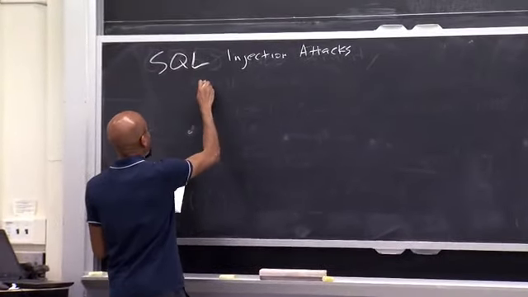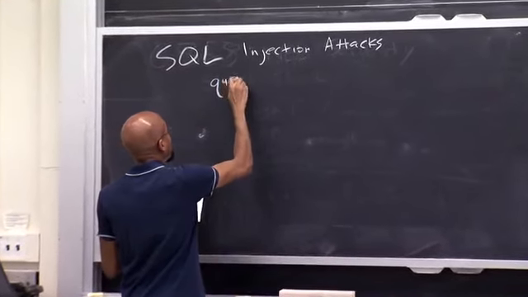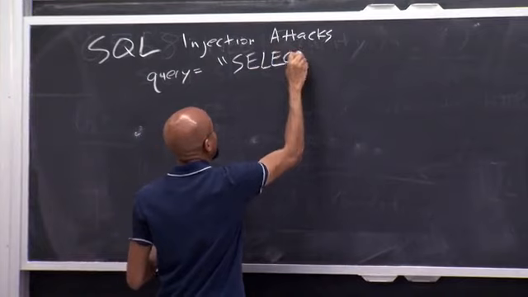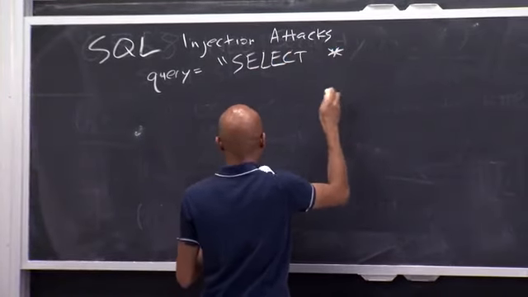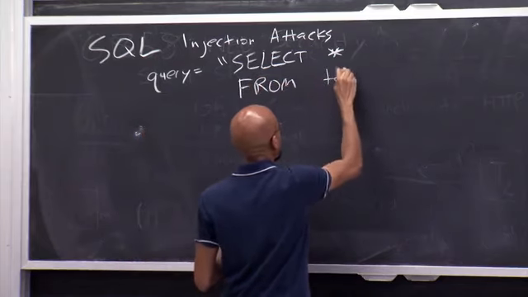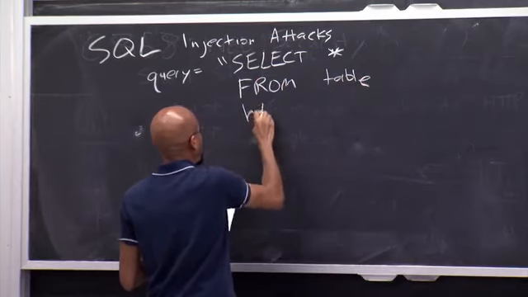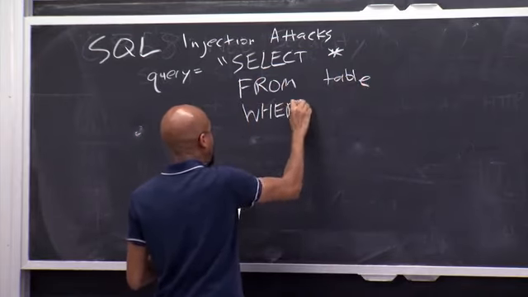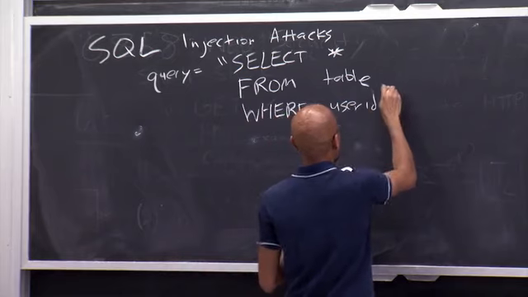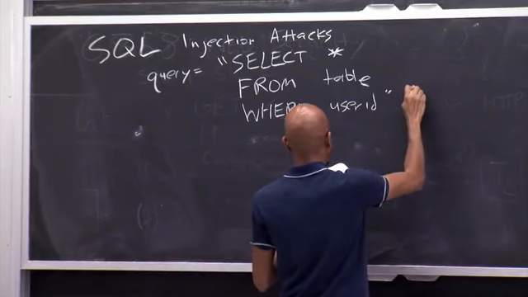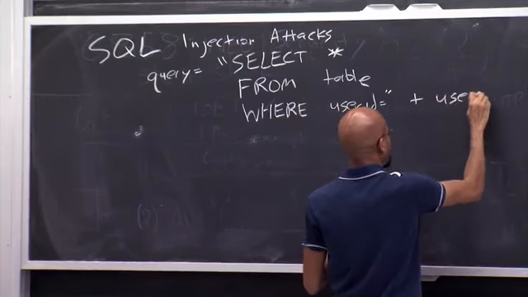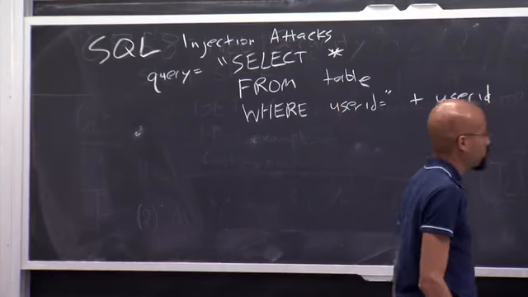So imagine that you had some query that looked like this. You do SELECT *, so give me all the values from some particular table WHERE the user ID field is equal to something that is specified over the web from some potentially untrusted source.